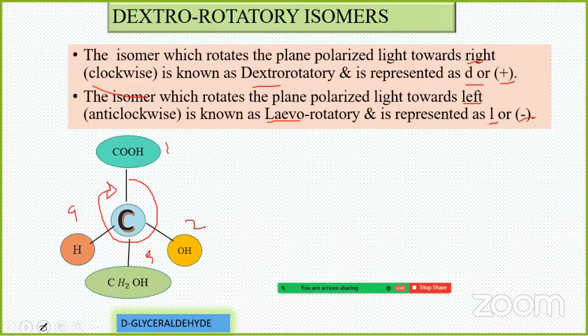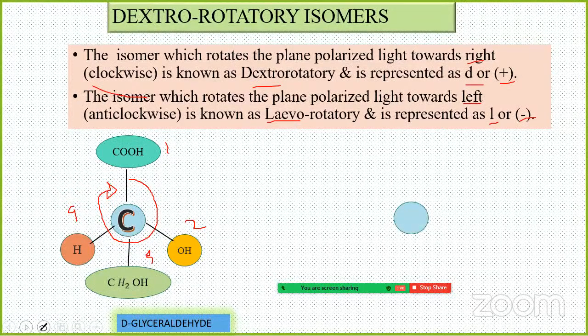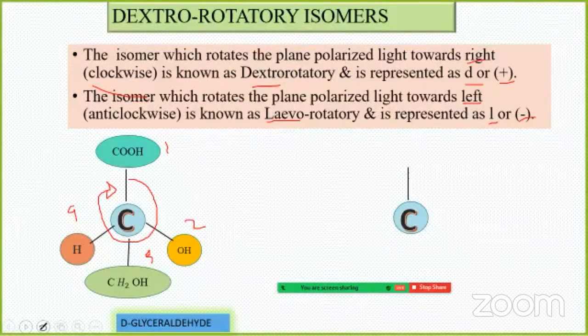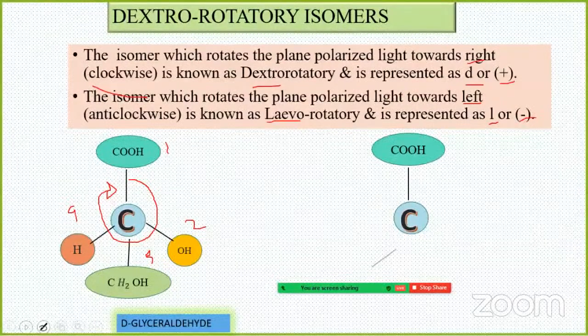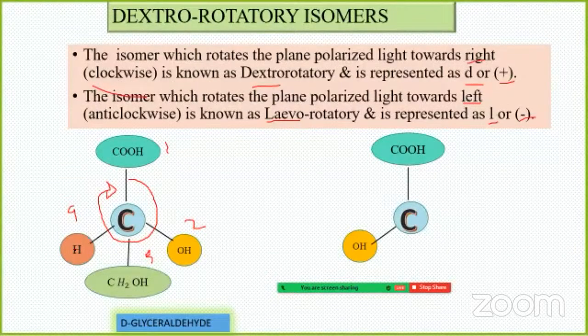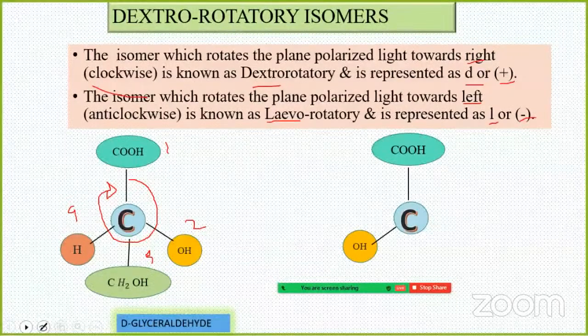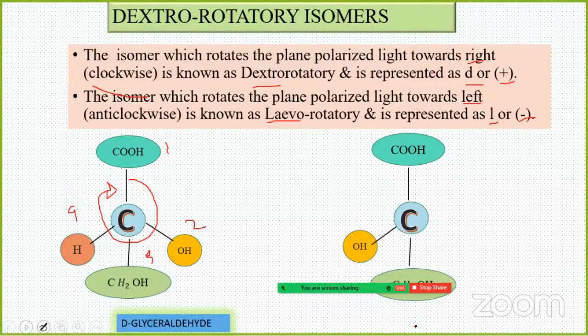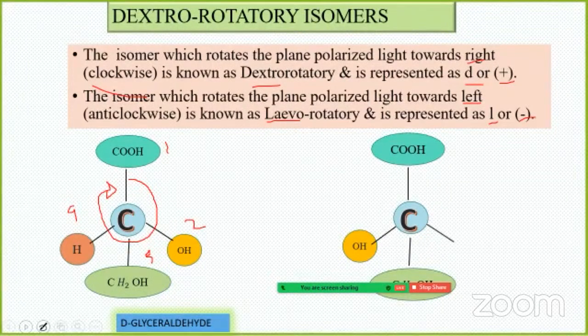Now let us see the L-glyceraldehyde. What is L-glyceraldehyde? Levorotatory. So let us see here a carbon with the COOH functional group, and here we take the OH functional group. They are reversed: OH I am reversing to this side and hydrogen I will reverse to the right side. CH2OH stays as it is, and towards the right side we take hydrogen.